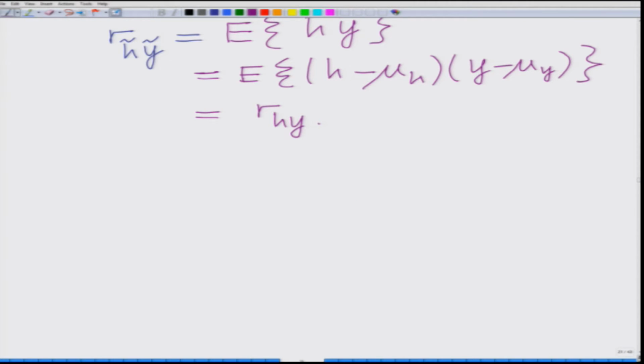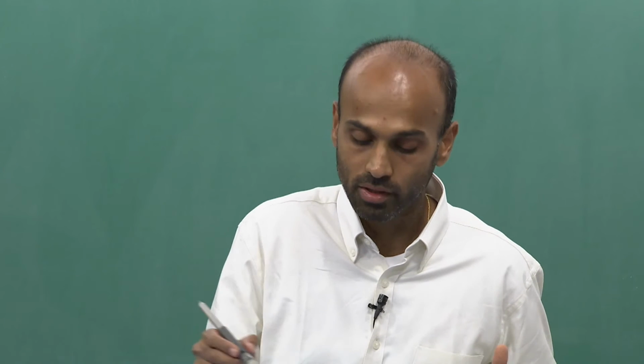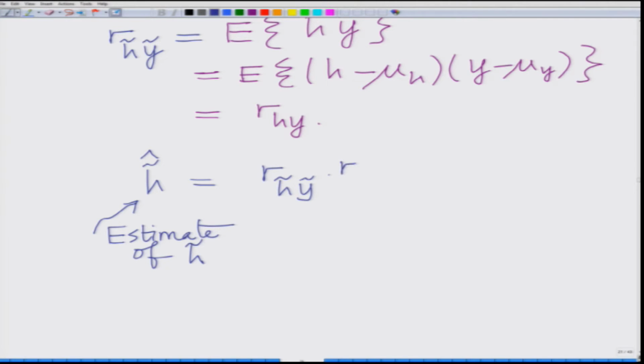Now, the estimate of h tilde given y tilde, that is the estimate of this modified parameter h tilde given the observation y tilde, we know is given as: h tilde hat, the estimate of h tilde, equals r h tilde y tilde times r y tilde y tilde inverse times y tilde.